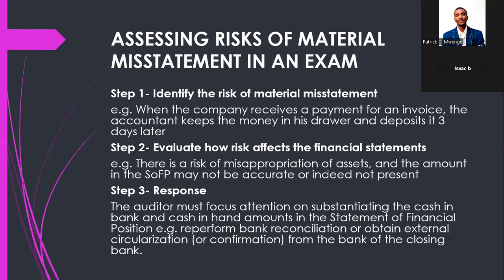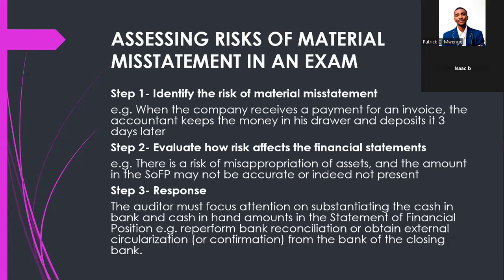And that's the risk. The risk is that the amount in the statement of financial position may be wrong, the cash at bank may be inaccurate. It may not even be present.